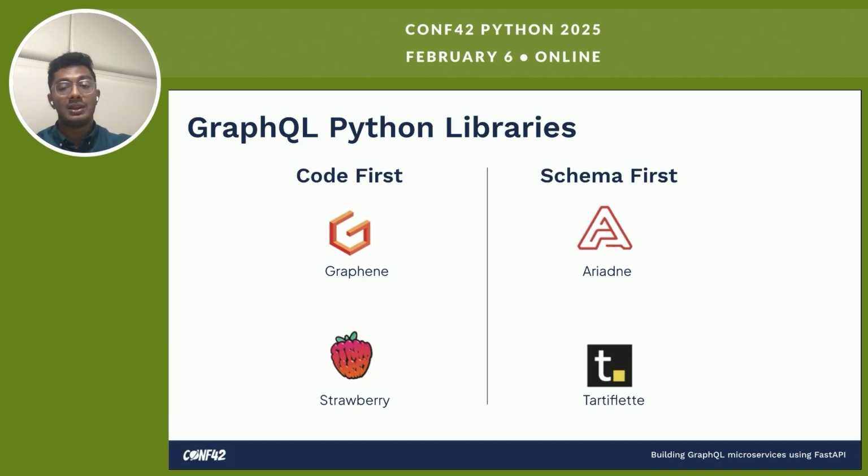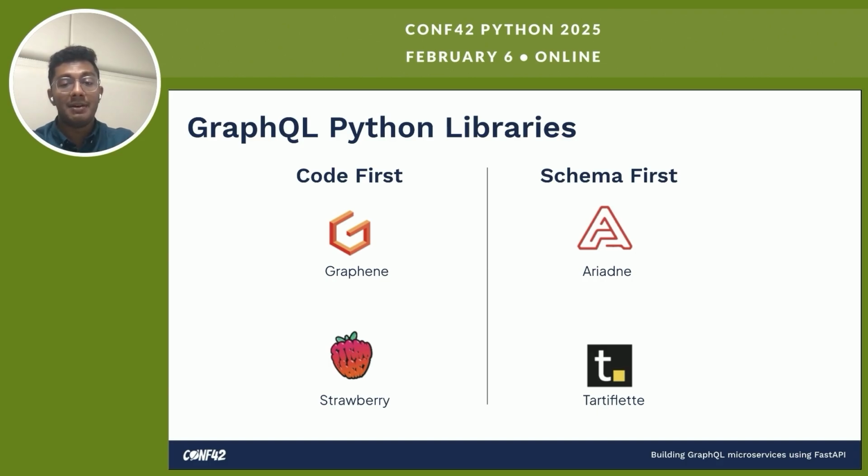The code first approach allows developers to define their GraphQL schema using Python code. Instead of writing the SDL, you can define types and resolvers directly in Python using classes and functions. This approach is great for developers who prefer working within the Python ecosystem without writing any extra schema files. So Graphene and Strawberry are examples of code first.